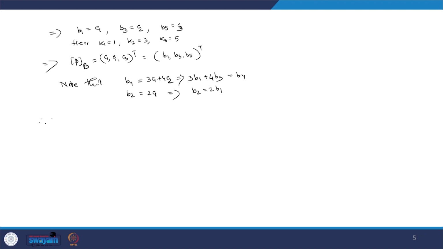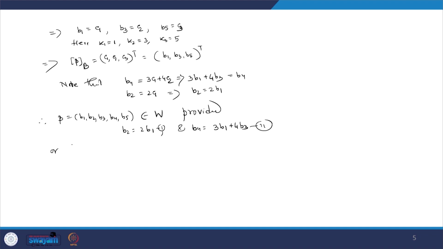So beta equal to (B1, B2, B3, B4, B5) will be in W provided B2 is equal to 2 B1 and B4 equal to 3 times B1 plus 4 B3. So, this is the condition on B1, B2, B3, B4, B5 so that beta will be in W. These are the two conditions, case 1 and 2.